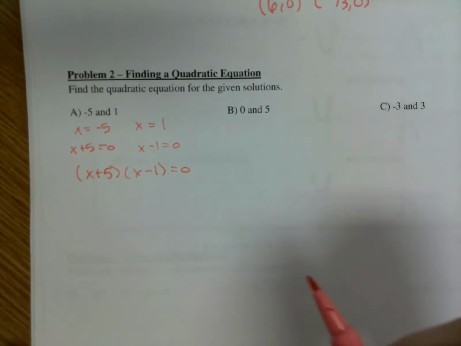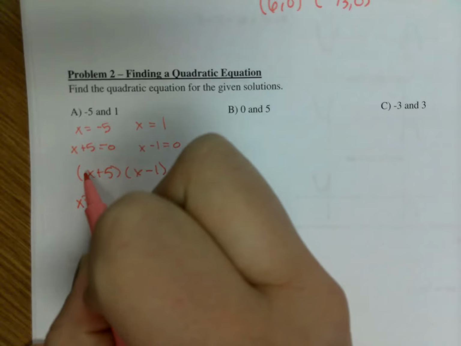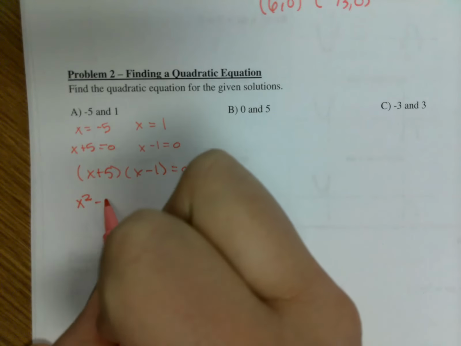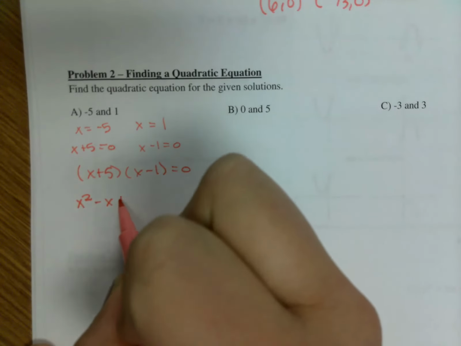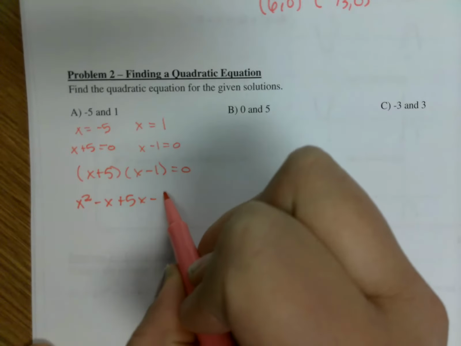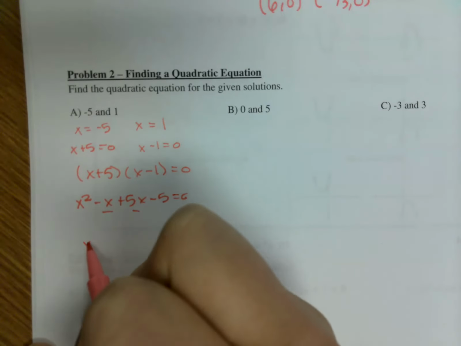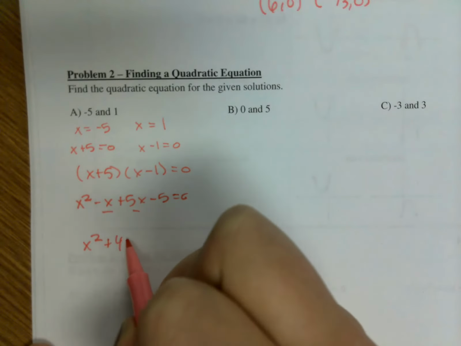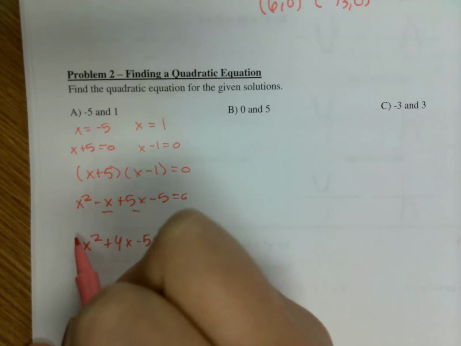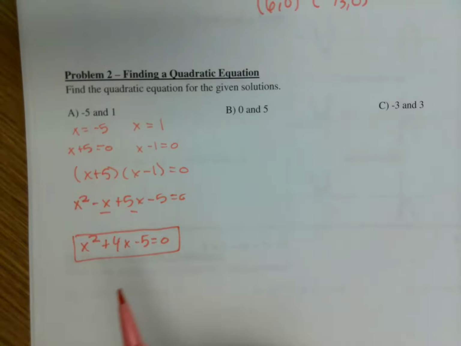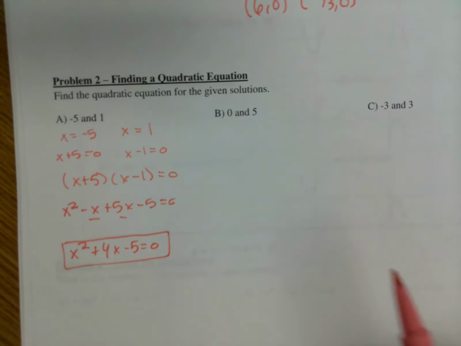I can multiply this out, or else you can use your box method. X squared here, x times -1 is -x, 5 times x is 5x, and 5 times -1 is -5. So now I can combine my like terms. I have x squared plus 4x minus 5 is equal to 0. That would be my answer if these are my solutions.